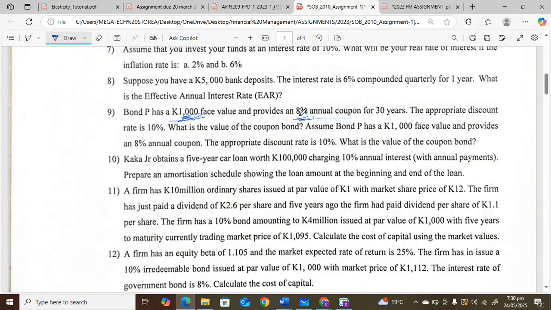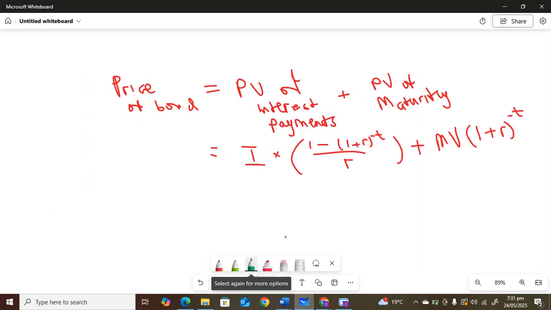So the interest payment is just the interest rate I times the par value, or face value, or nominal value.